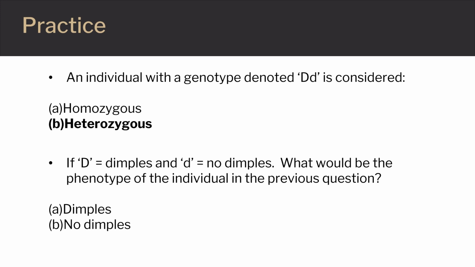Based on the letters, we know that dimples is dominant over no dimples, which means that whenever it is present, it will express itself. Therefore, in this case, the person will show dimples, even though they also have the recessive, no dimples form of that gene in their genotype.